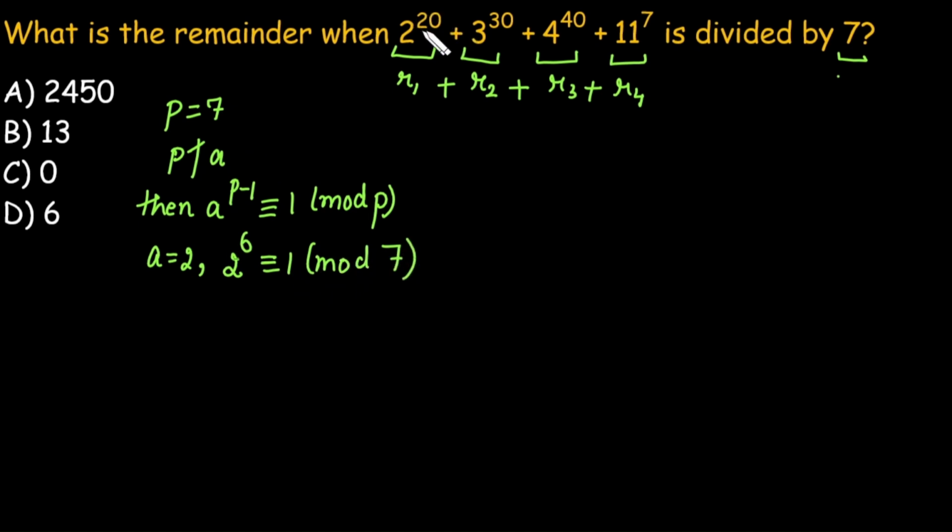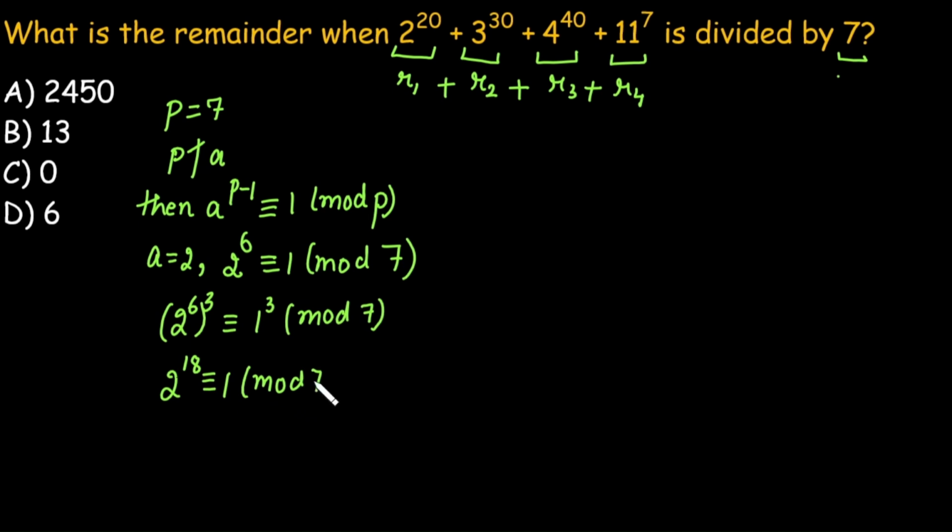Now we need a power of 20 here, but we can take the nearest number to 20 that is a multiple of 6. How? We can raise both sides to the power 3, then we will get 18 here. On the left side, we have 2 raised to power 18 congruent to 1 mod 7. But we need 2 raised to power 20.